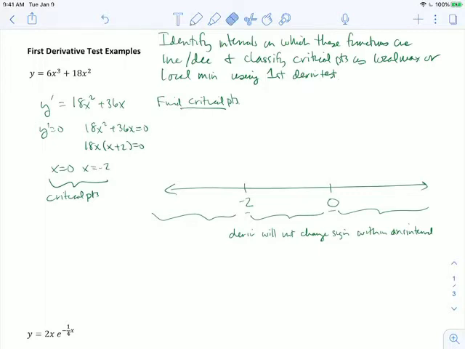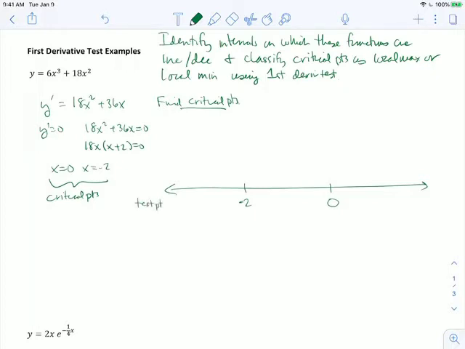So let me erase that. Get my -2 back up here. So what I'm going to do then is pick a single point on each interval, and I'm going to call these test points. For numbers less than -2, -3 is a really good choice.